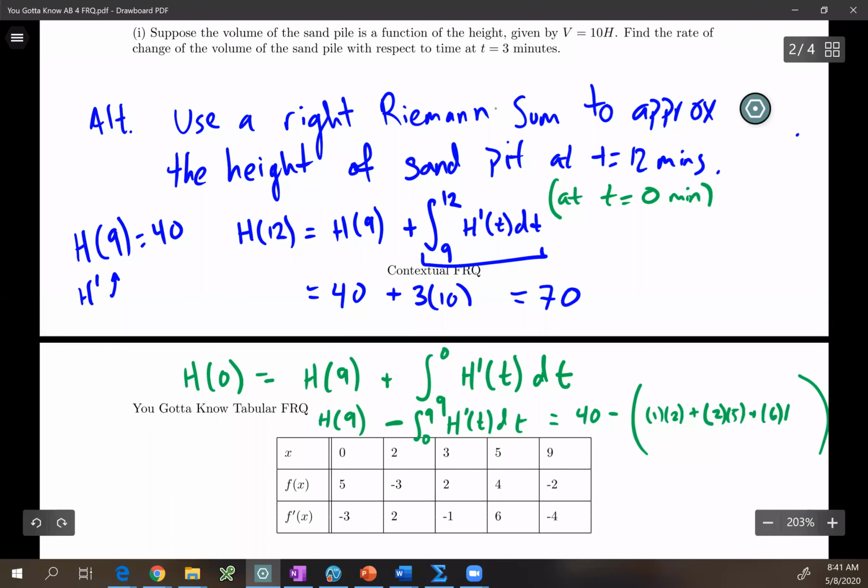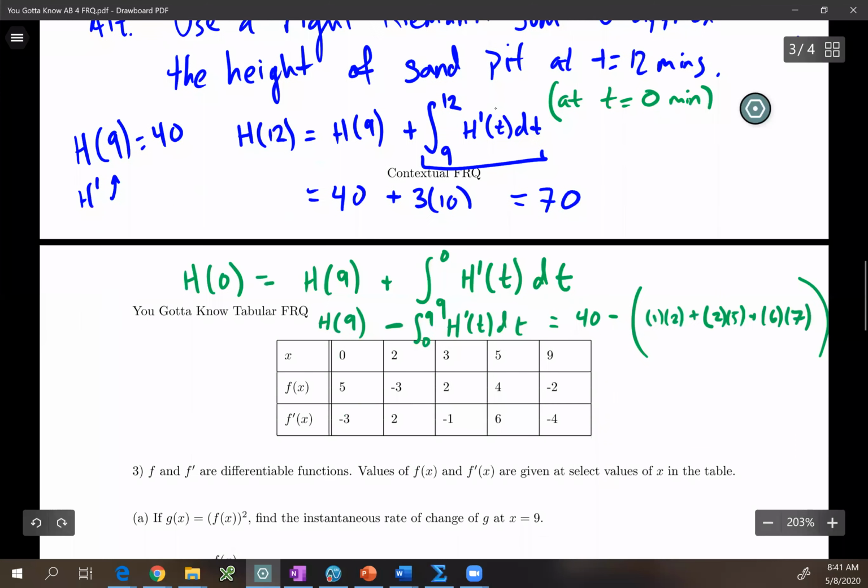But notice that we need this big parentheses because the negative sign is going to distribute to all 3 of those products, right? Or you can do 40 minus this, minus this, minus this guy. But that's kind of something important.